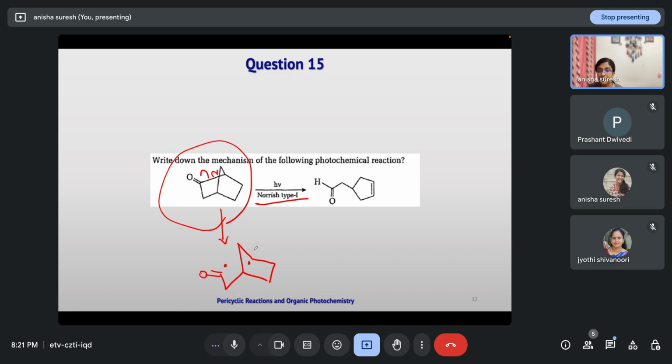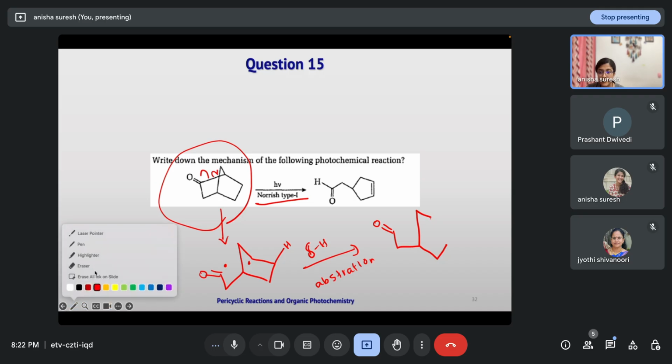Okay. Then alpha, beta, gamma, delta hydrogen abstraction will be taking place. Delta hydrogen abstraction leading to formation of... just 1 second, I will redraw.